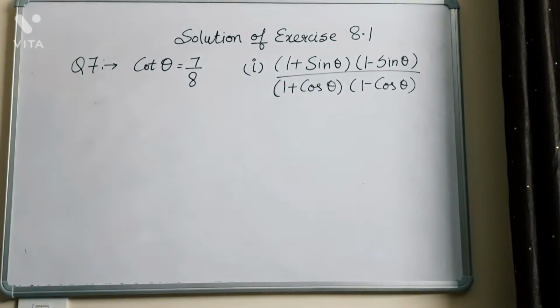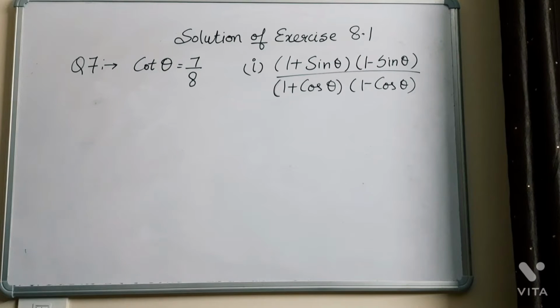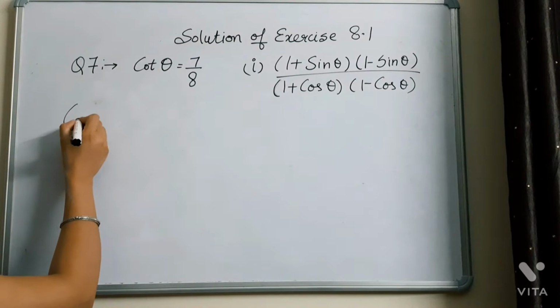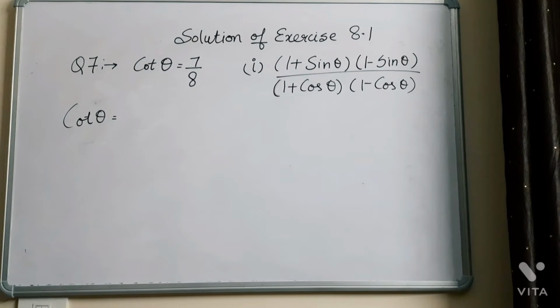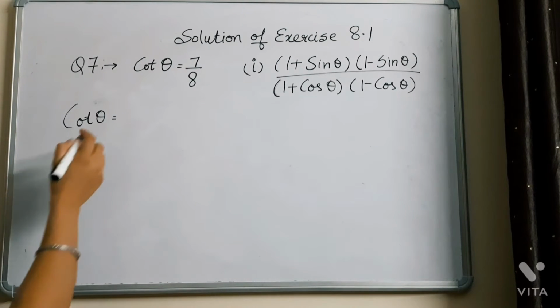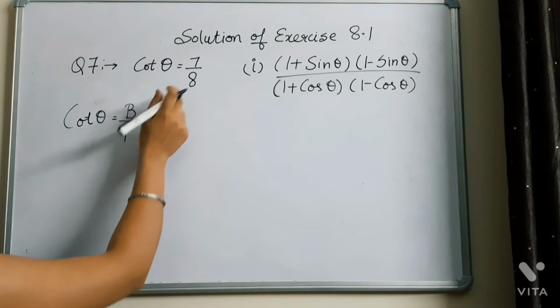So first we will calculate the values of sine theta and cos theta by using this cot theta. I'll explain the whole procedure. You people know that the trigonometric ratio cot theta is given by base upon perpendicular. Now compare this with this.